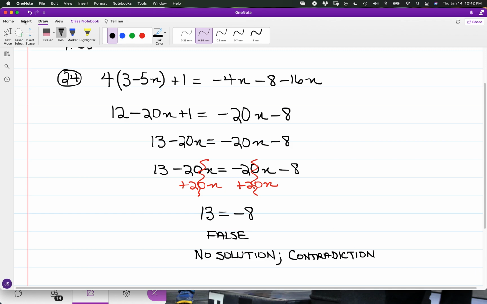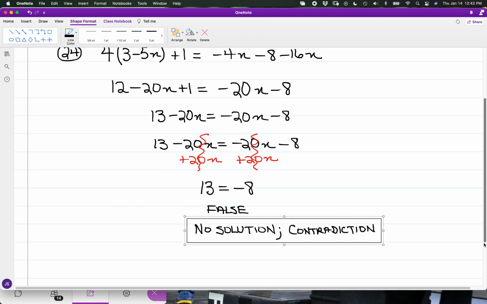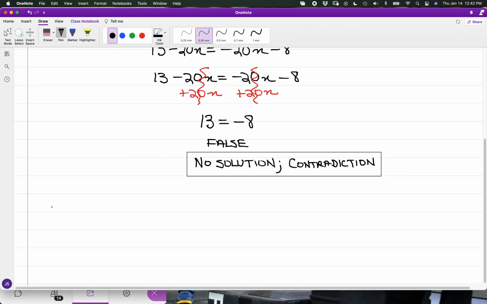And so we have a contradiction in number 24. Now, in the case of number 26, this time we're going from the letter n back to the letter x. In this one we have negative 5 plus 3x equals 3 times the quantity of x minus 1, minus 2.